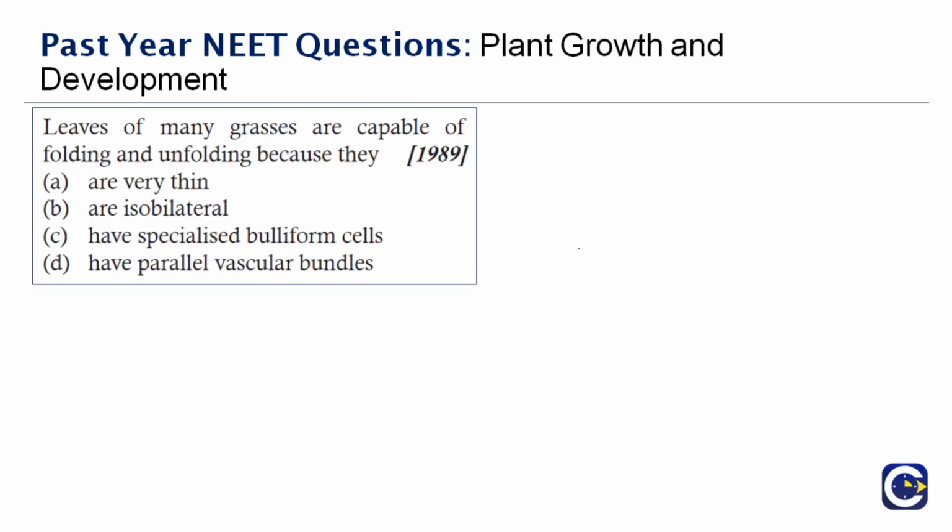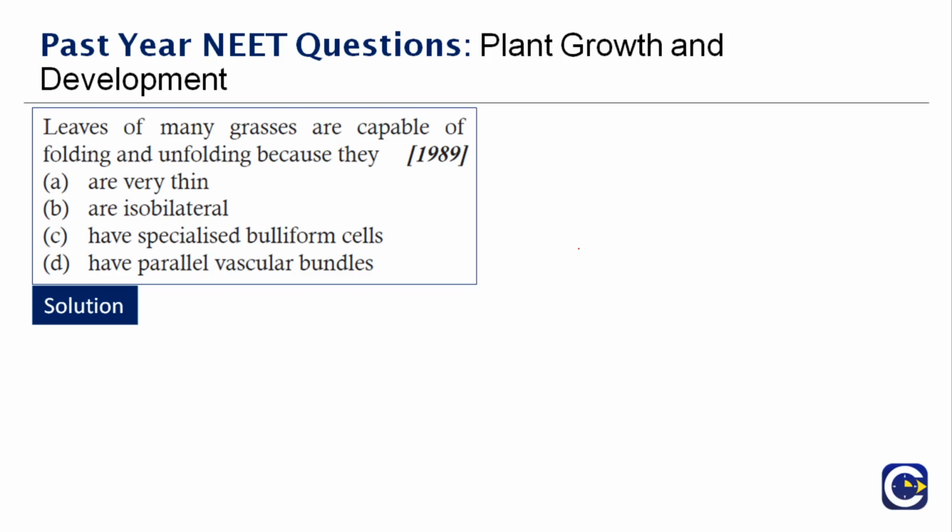Leaves of many grasses are capable of folding and unfolding because they are dash. You are given 4 options here. They are very thin or isobilateral, have specialized bulliform cells, or have parallel vascular bundles.